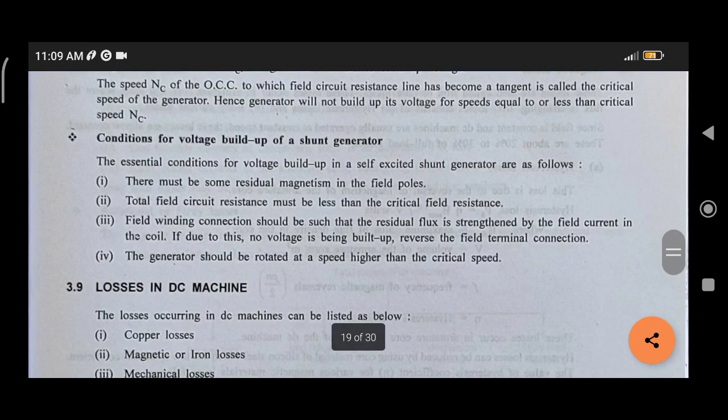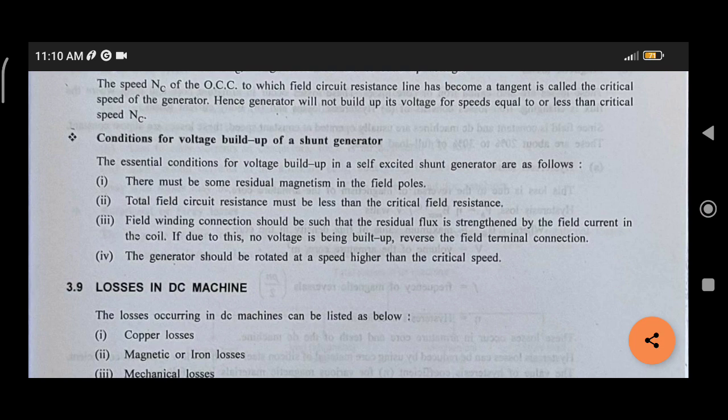Now the conditions for the voltage build-up process. First, there must be some residual magnetism, otherwise the voltage build-up process will fail. Second, the total field circuit resistance must be less than the critical field resistance.